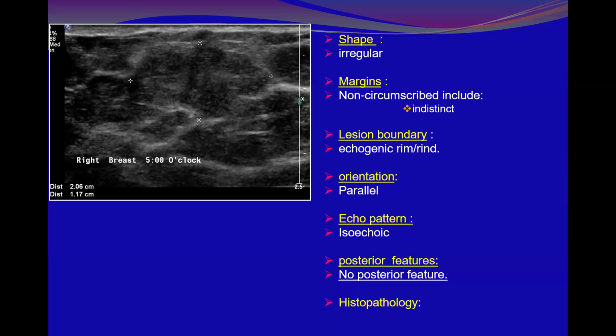With all these features, a combination of suspicious features, apart from parallel orientation, there is nothing supporting benignity. Isoechoic is not supporting benignity. We have a considerable number of breast cancers presenting as isoechoic, might be a third of breast cancers.